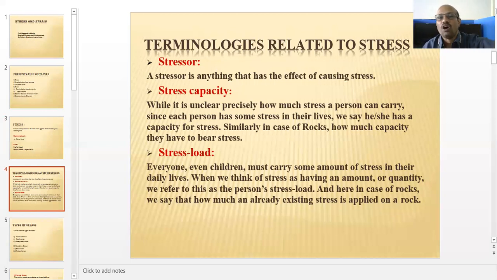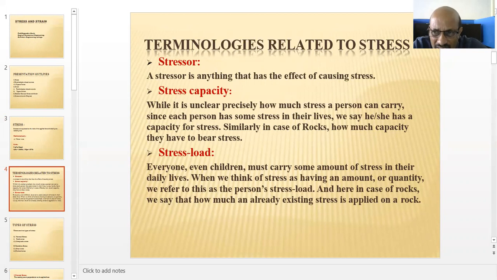Now we will define another terminology, stress capacity. While it is unclear precisely how much stress a person can carry, since the person has some stress in their lives, we say he or she has a capacity for stress.